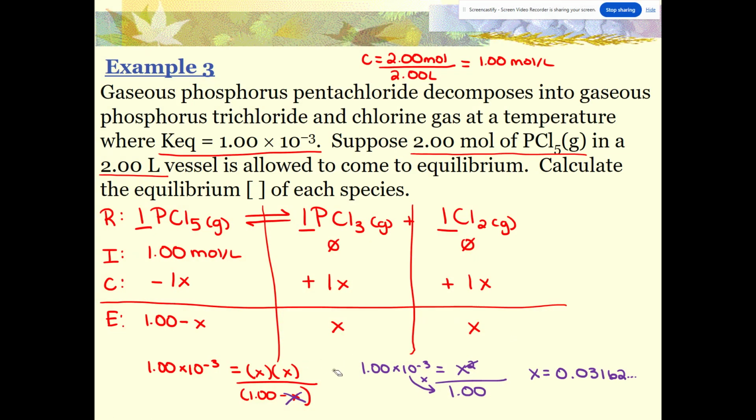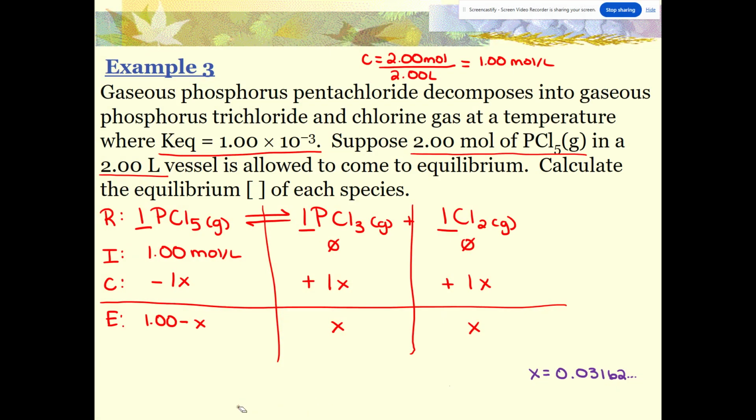I'm just going to erase this to have a little bit more space. Okay, so my equilibrium concentration of the PCl5 is 1.00 minus, now I know what x is, 0.03162. So if I apply that, 1 minus that answer, I'm allowed 3 sig digs, so 0.968.